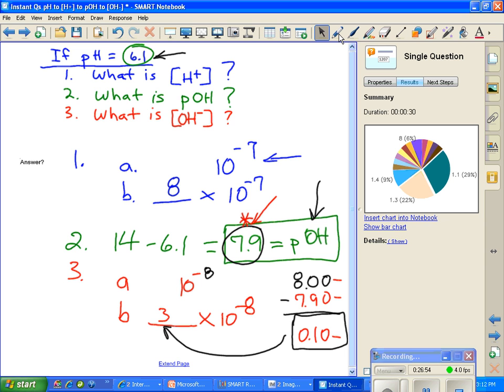They actually add up to 15 if you multiply the powers of 10. 10 to the minus 7 times 10 to the minus 8 gives 10 to the minus 15. And then when you multiply the numbers 8 and 3, you come up pretty close to 10. At 10, you have to move the decimal back a little bit, and that would be 10 to the minus 14, which is what it should be when you multiply the concentrations by each other.